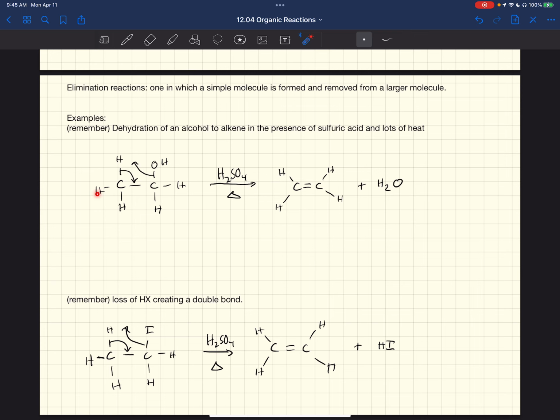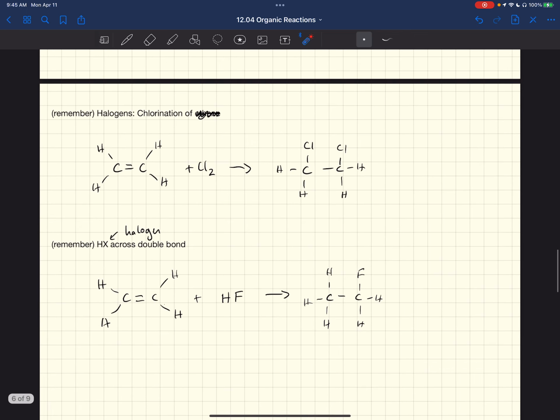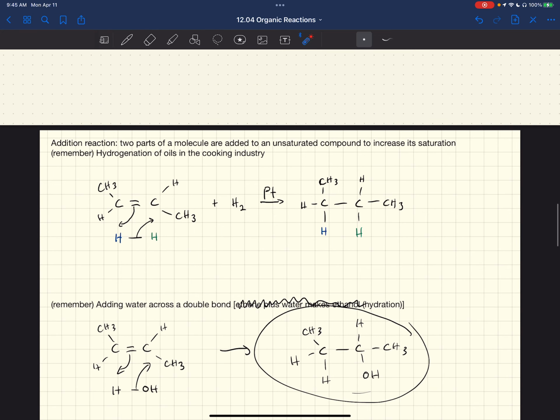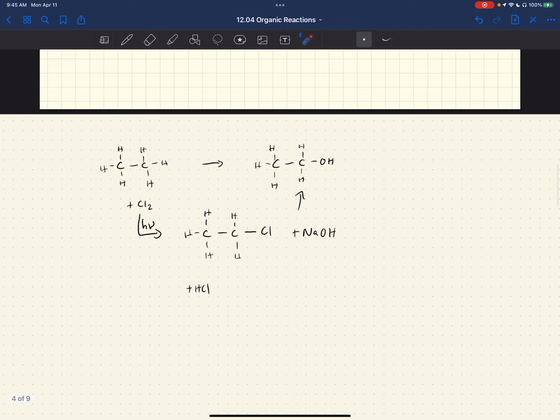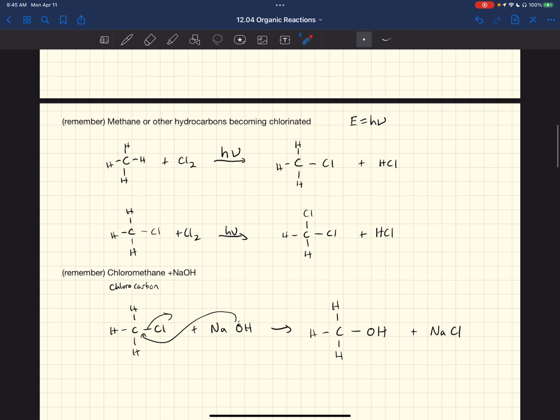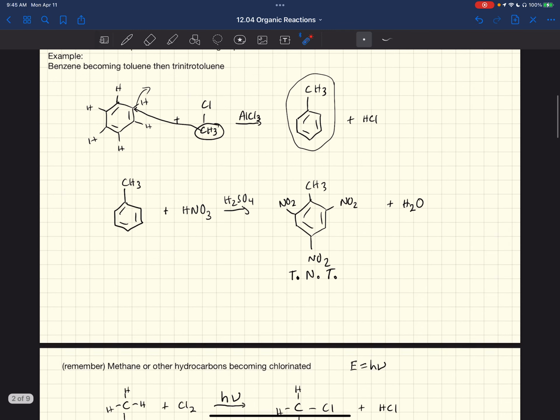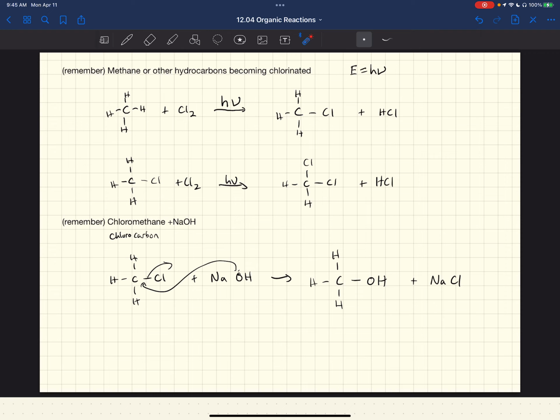So you could eliminate water or HX. And then you have the addition, where you add two parts of a molecule across a double bond. And you have substitution, where one part of a molecule is going to get substituted into another molecule. That's it for reactions for today.